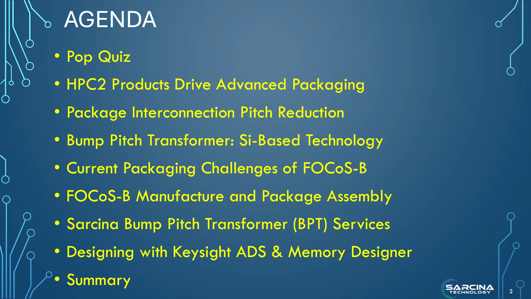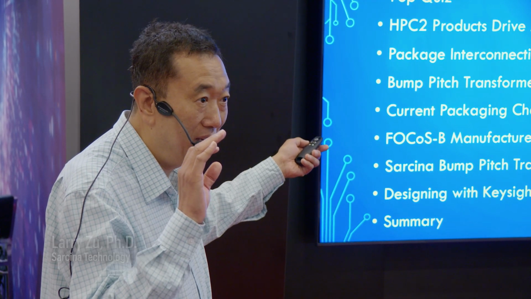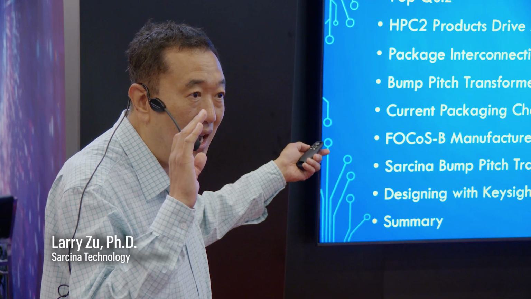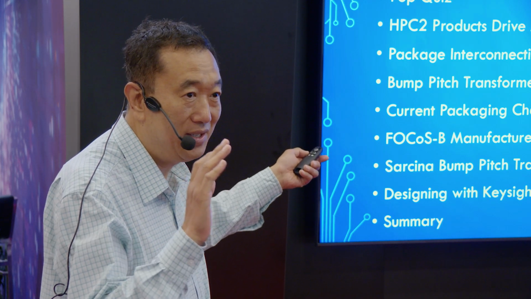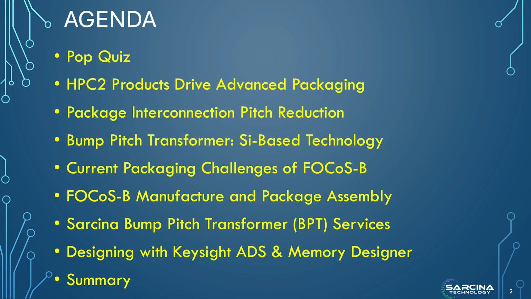We're going to talk about the driving force for advanced packaging, and we're going to talk about the bump pitch transformer. That is the key component of advanced packaging, and that provides the hardware for today's high performance computing devices.